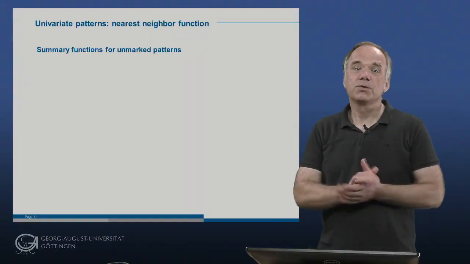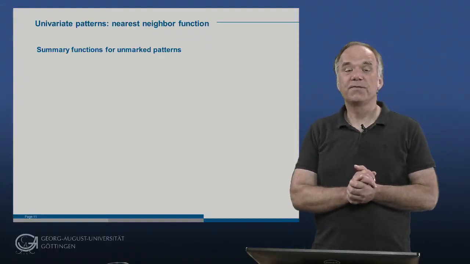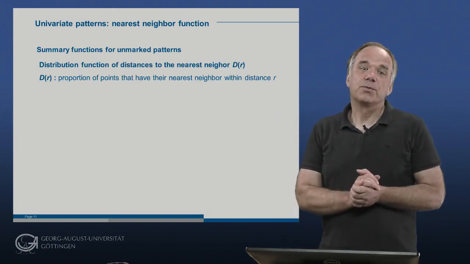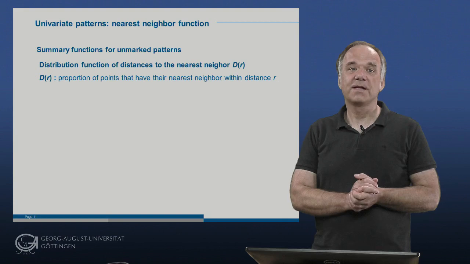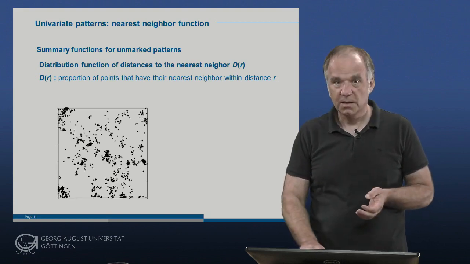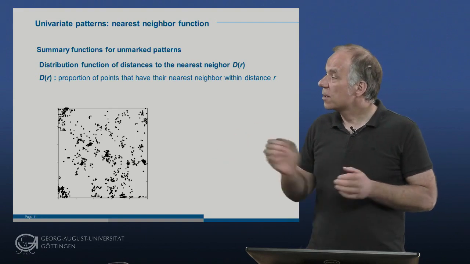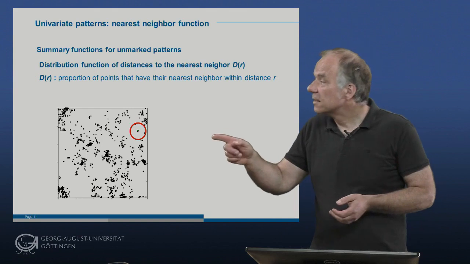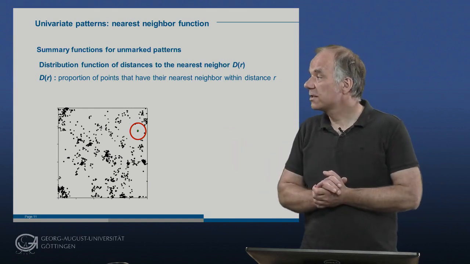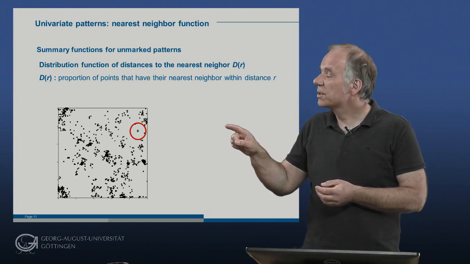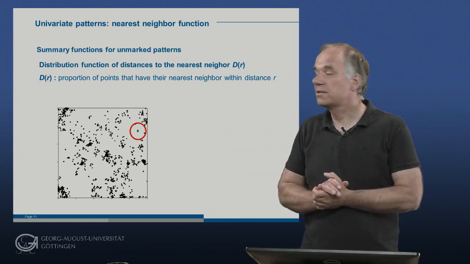Now we want to look at the nearest neighbor distribution function D. This function is the proportion of points that have their nearest neighbor within a certain distance r. Now again, this is our aggregated pattern. This is our typical point, and you may notice that the circle around the typical point just touches the nearest neighbor.